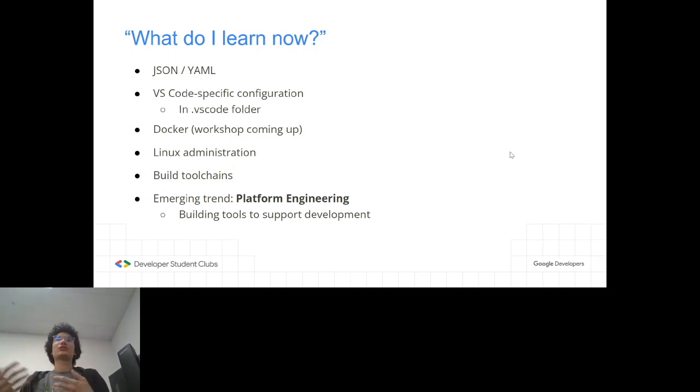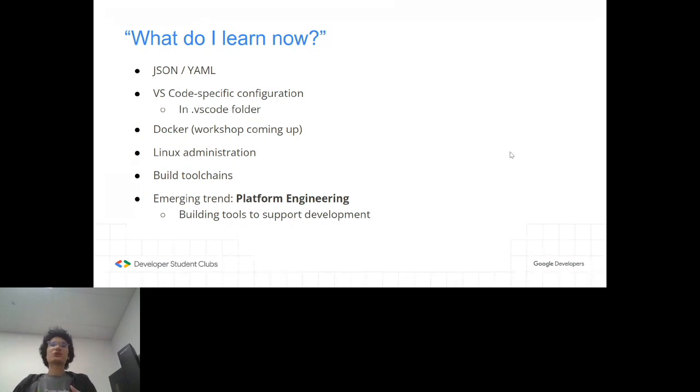I showed how we can use startup scripts to run Linux commands. The more you know about Linux administration, the better. And across industry, you will see that Linux has kind of already taken over. Because it's open source and so configurable, it's very helpful to know. Build toolchains are also helpful to know.